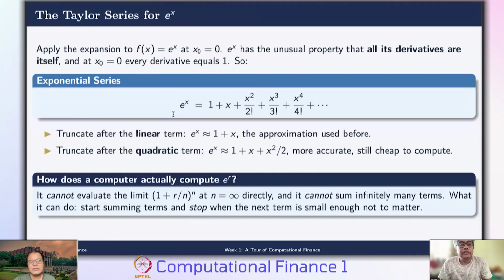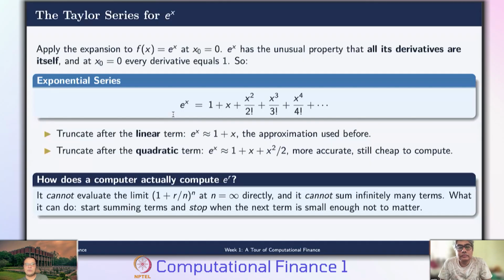How do we get this? We are approximating e to the power x around x equal to 0. So you had the first term as f of x naught, so x naught is then 0, f of 0. e to the power 0 is 1. And e to the power x is the derivative for all the higher order terms also, so that e to the power 0 becomes 1. That's why you end up getting this very nice looking expression.